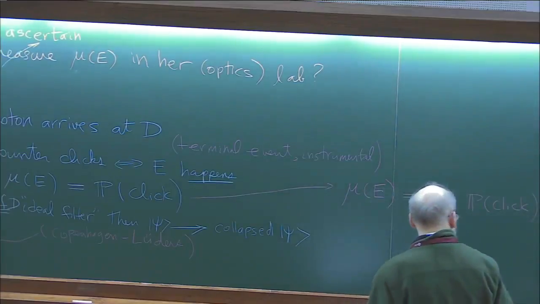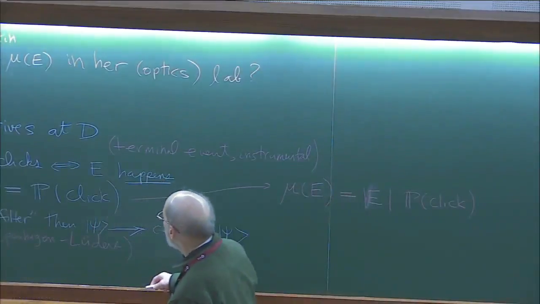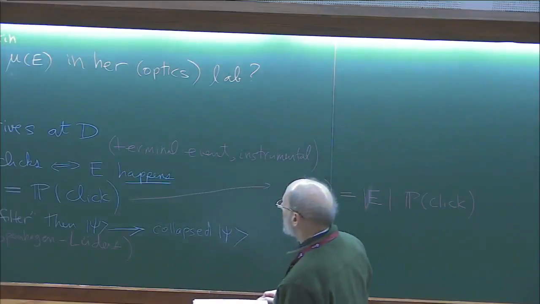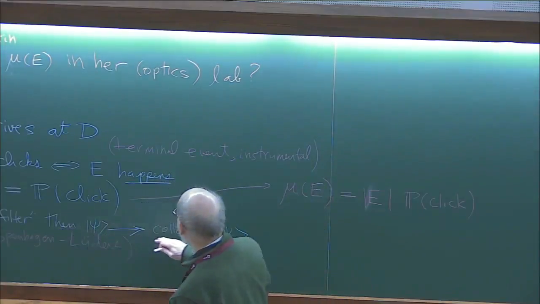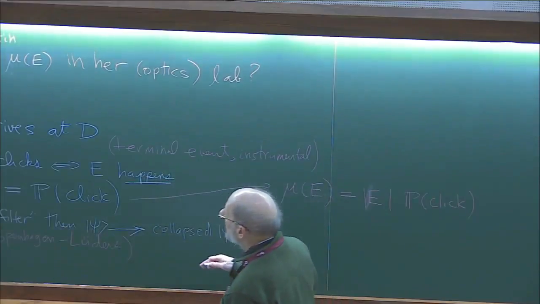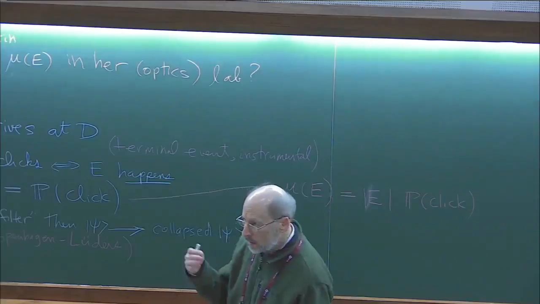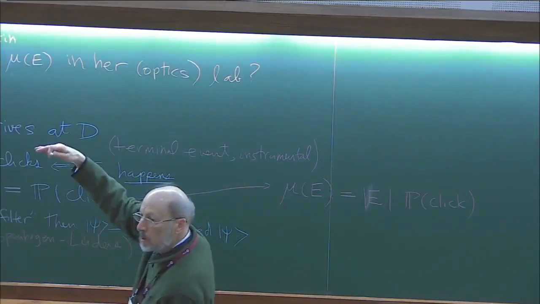The second thing, this gets to what Urbashi was asking about. The second thing, it will be a kind of ideal filter. Maybe I should call it a quasi-ideal filter. What will happen is that if it does click, we will be able to, so to speak, condition the amplitudes, have a new set of conditional amplitudes for the path integral for a subsequent event.